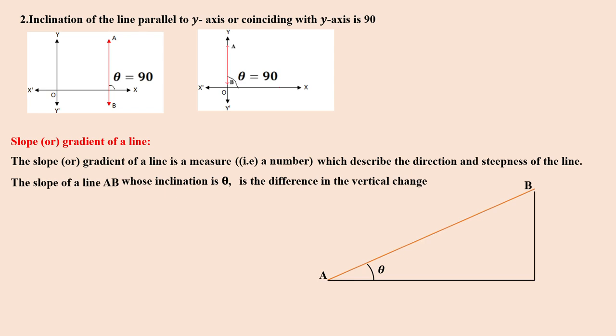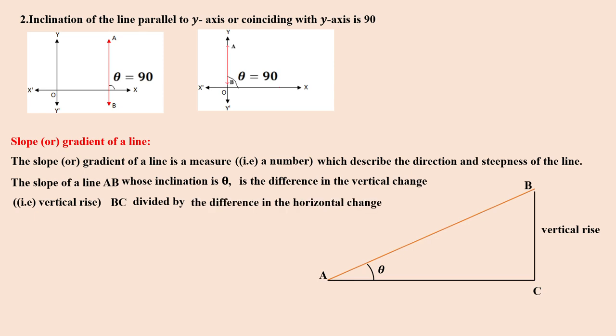Vertical change means from the ground level to the top level of that path or line. Vertical change, that is BC, that is the vertical rise, divided by the difference in the horizontal change. Horizontal change means the ground level from point A to B. What is the distance? That is AC, the horizontal distance.